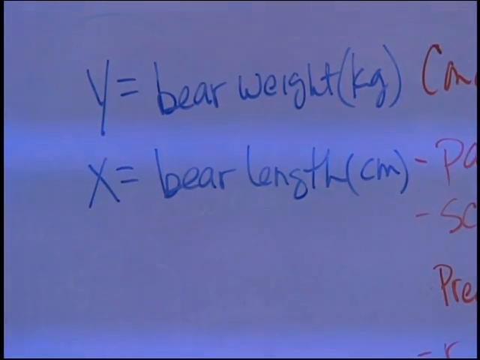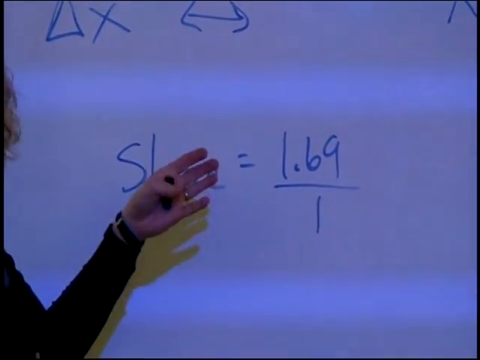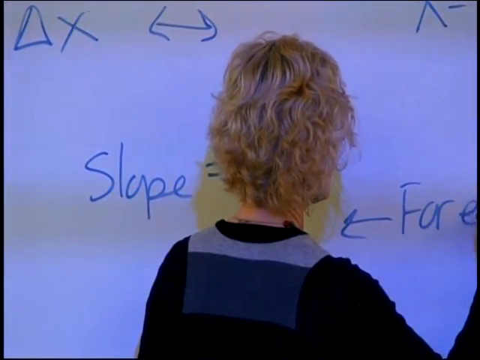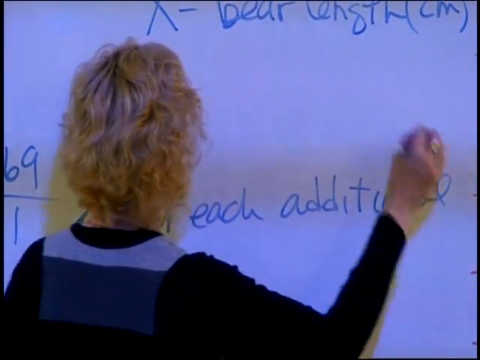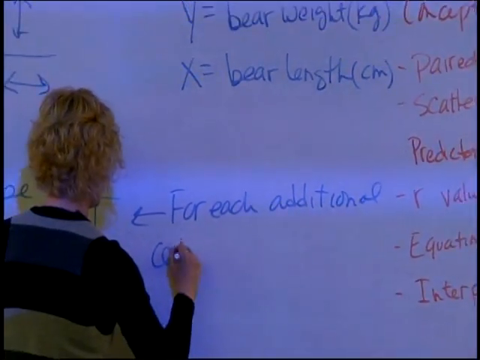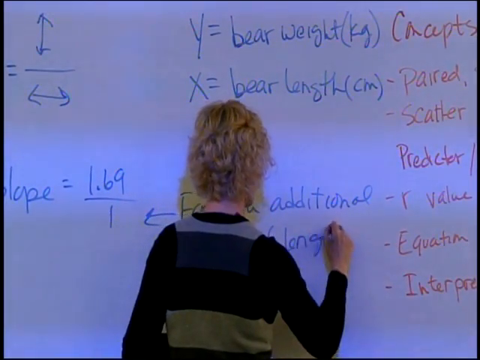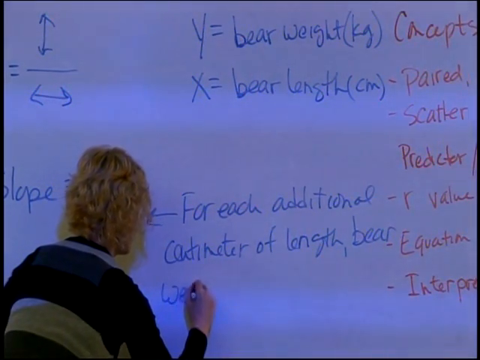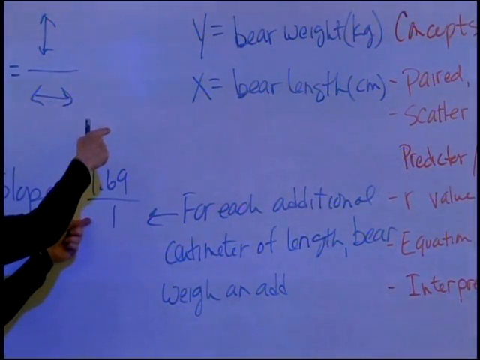Okay, so the slope is telling us, remember, if you don't have a fraction, you make it one, it means for each additional centimeter of length, the bear is going to weigh an additional, because it's positive, right?